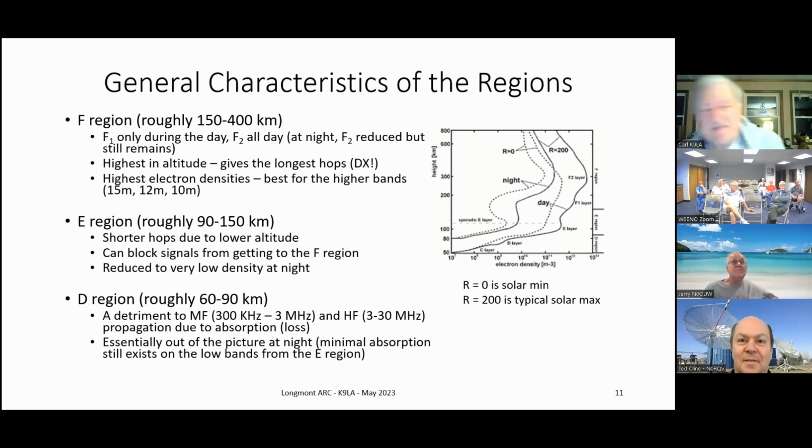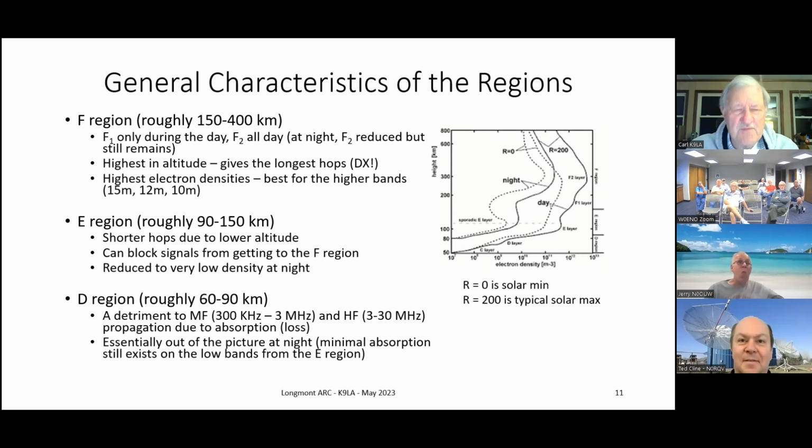It's the highest in altitude, and that gives us the longest hops, which means, hey, that's how you most of the time work DX, with long hops. And also the F region has the highest electron densities, and that's best for the higher bands, 15, 12, and 10 meters.